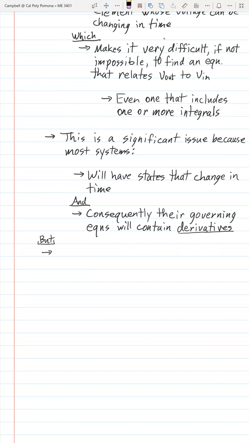Now, one of the things that's nice about dealing with engineering systems is we know that we can always say something about a system. Let me go ahead and state that because of the real limitations of the system.